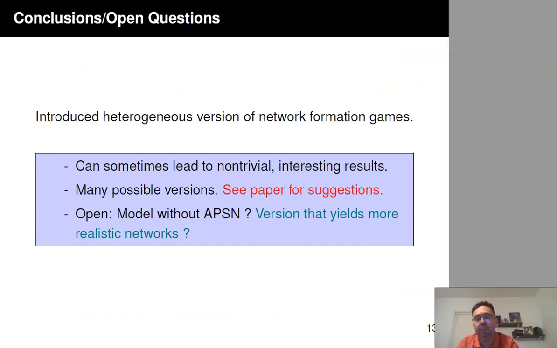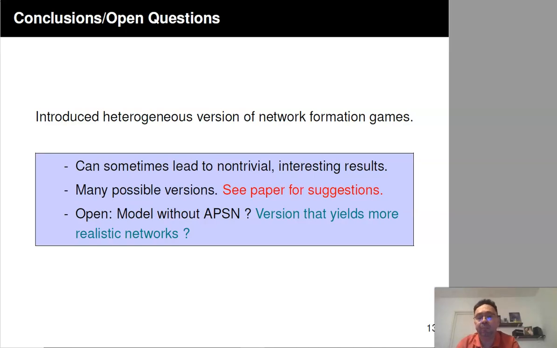To conclude, the paper studies a model of network formation, and the major advance over Jackson-Wolinsky is that we've shown that one can make the model heterogeneous and still obtain mathematically tractable results. So you can get hopefully interesting results for centrality games where some nodes have one type of centrality, some nodes have a different type of centrality.